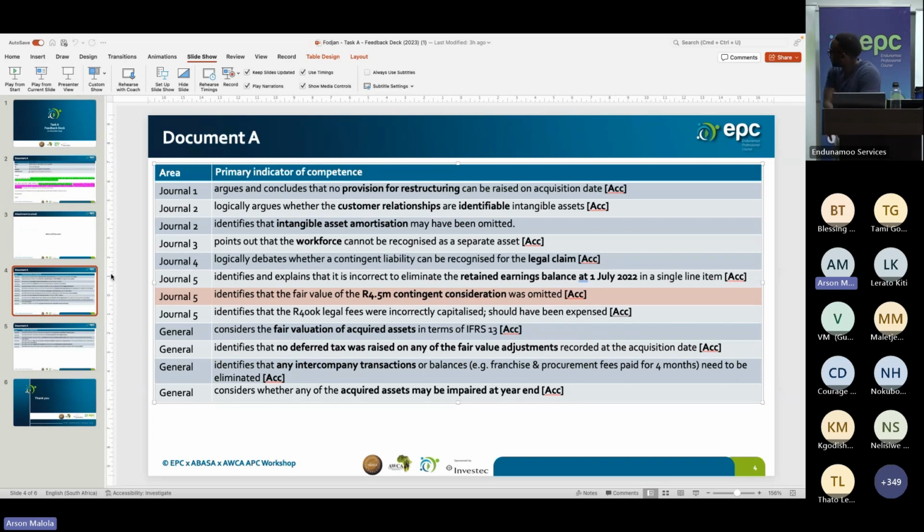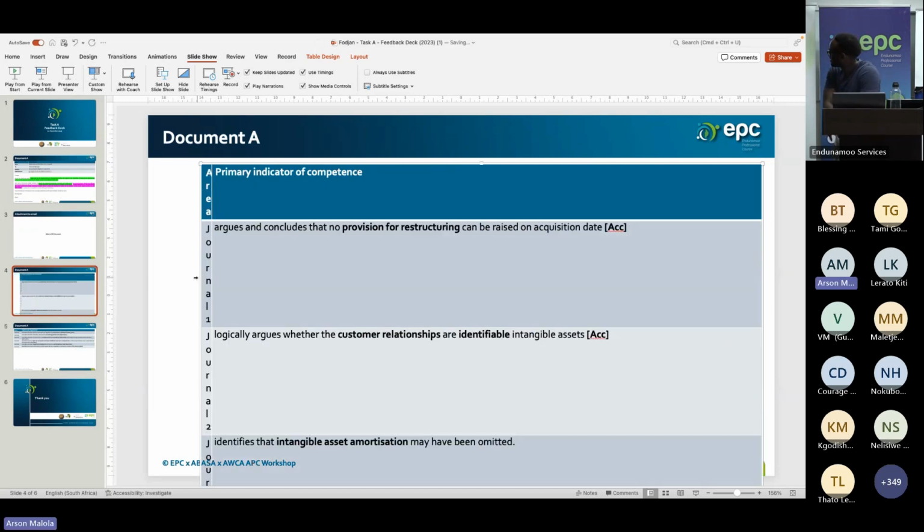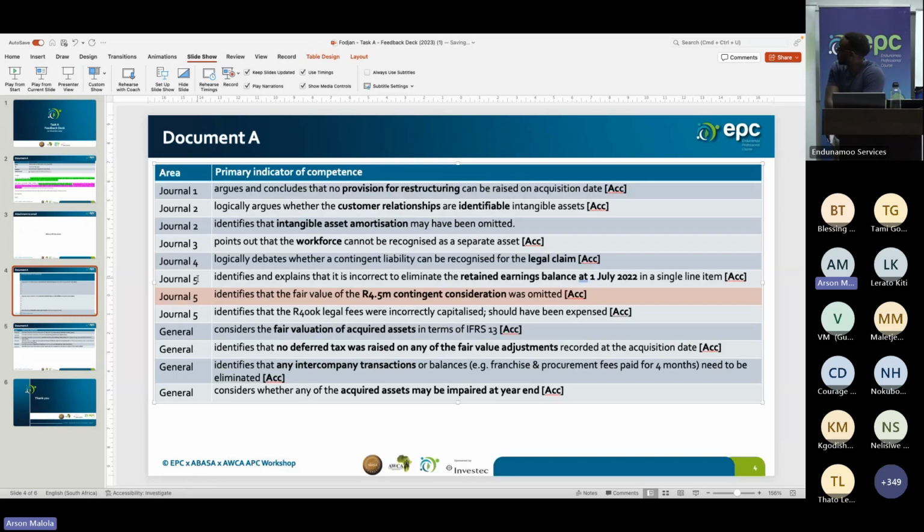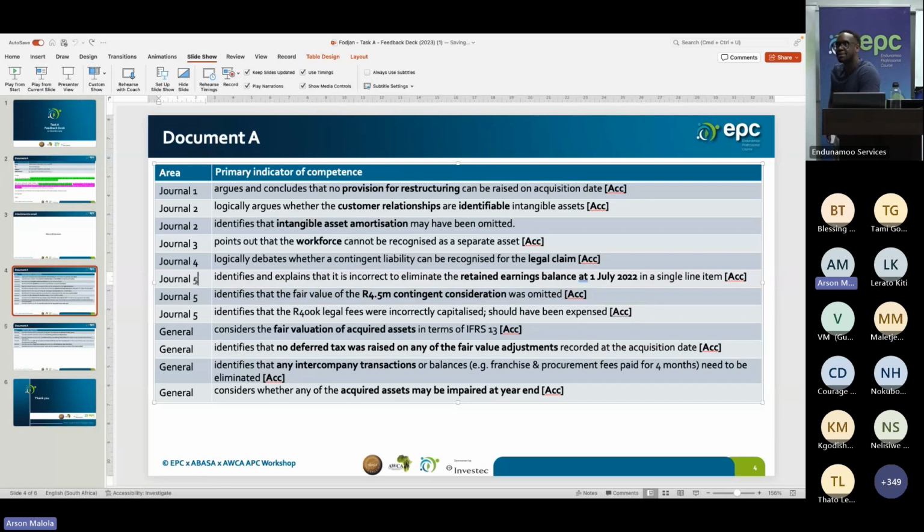Now look at this one. Identifies. Ooh, we're not going to do this one, so I'm just going to spoil it. Identifies and explains why. Now, if we don't have a complete response and we just identified, we're going to lose out on that indicator. But as a candidate sitting in the exam, you don't know what the indicator is going to look like. So I wouldn't play dice and hope that they're all identifies, because there'll be very few of those.